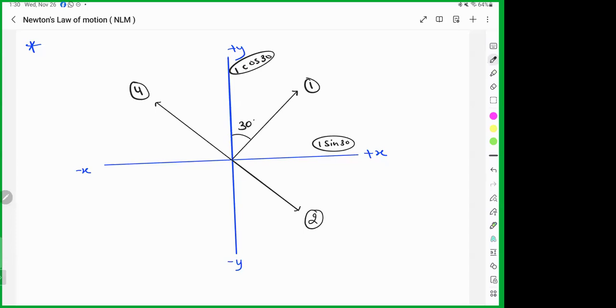Second, if I know this angle is 30 degree, this will also be 30 degree. Again, this F2, 2 force will have two components. Here it will be 2 cos 30 and this will be 2 sin 30. Yes or no, guys?